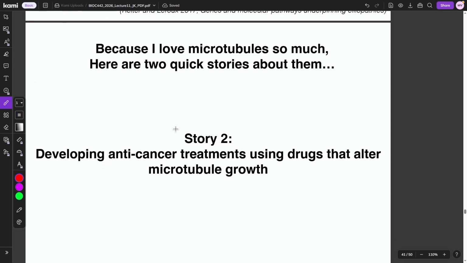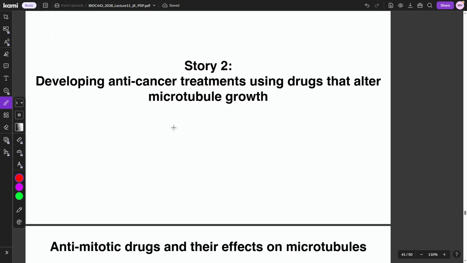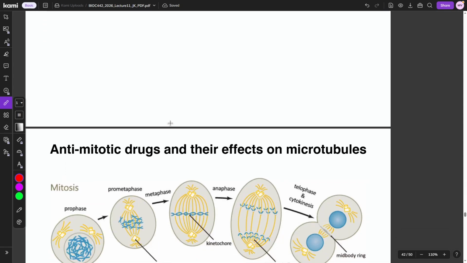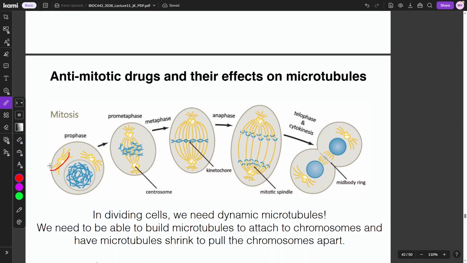And the second one, we already talked about this very briefly, is cell division and cancer treatments. Microtubules are incredibly important in cell division because here are the microtubules right here. They come out of the centrosomes, right? They help with organizing these chromosomes in these lines. They help with pulling them.